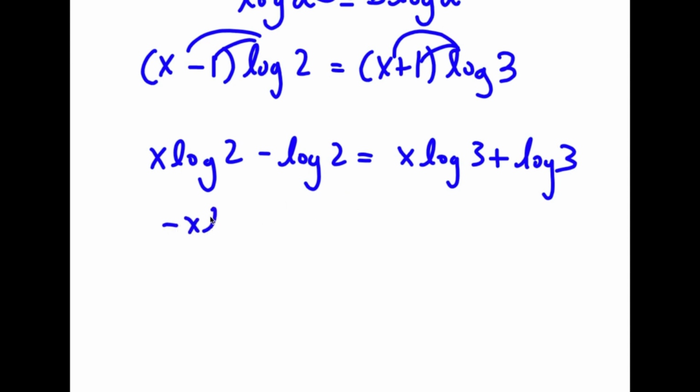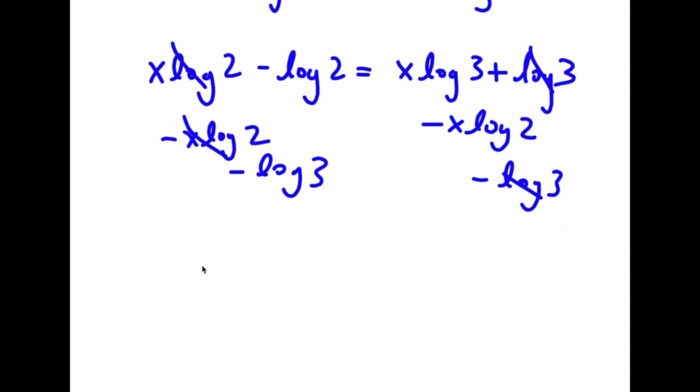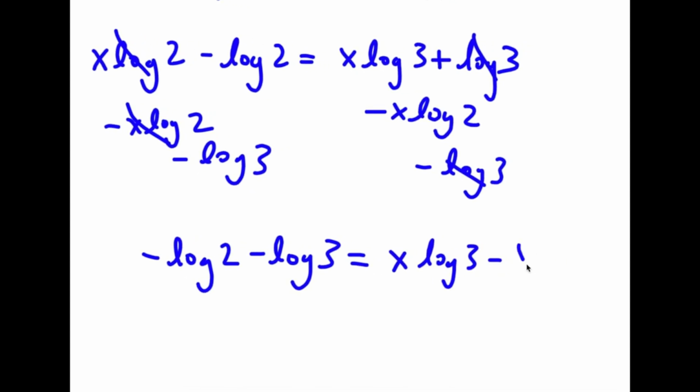Now I'm going to subtract x times log 2 on both sides and add log 2 on both sides, subtract log 3 on both sides. So then these two cancel out, and I have negative log 2 minus log 3 is equal to x times log 3 minus x times log 2.